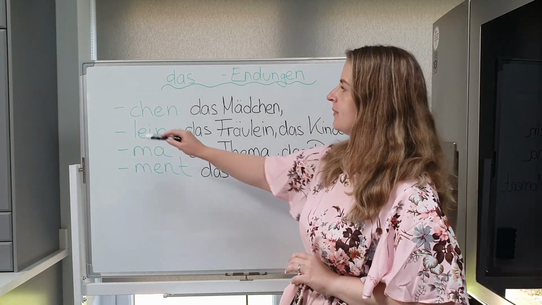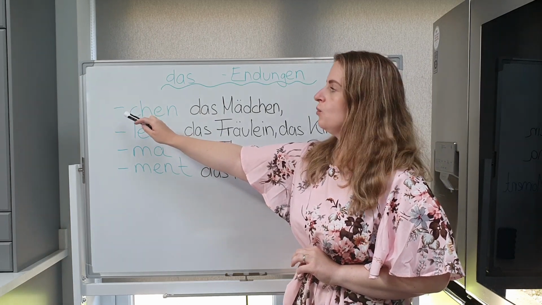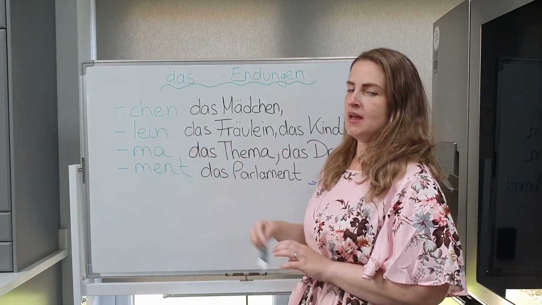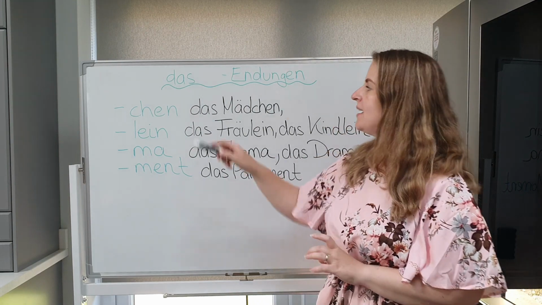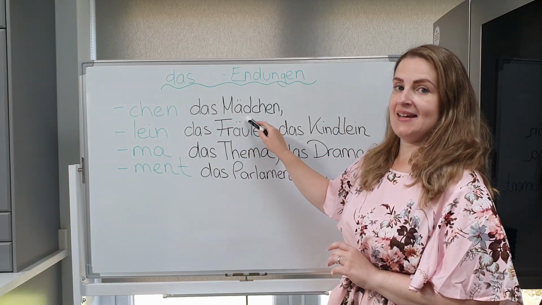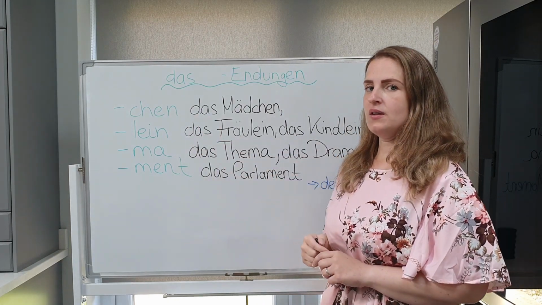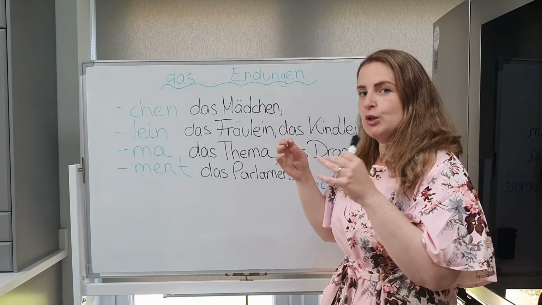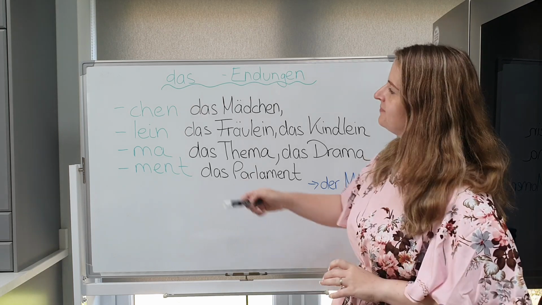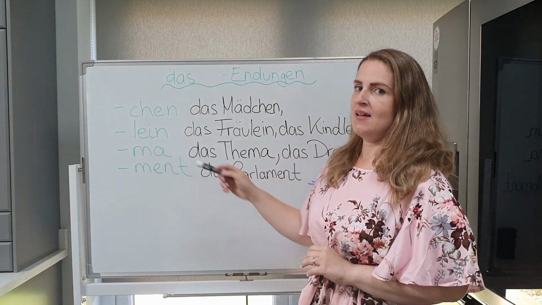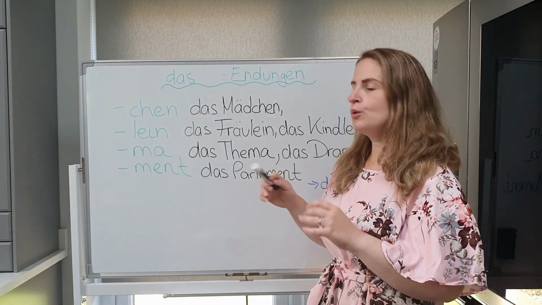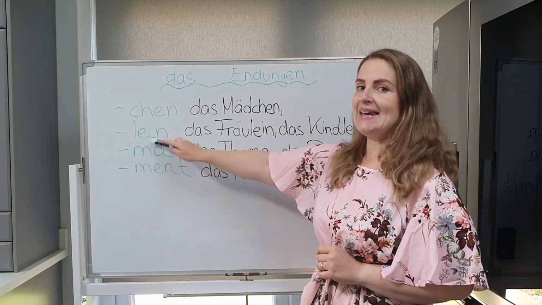Let's start. Nouns ending with -chen. In the beginning we had this word already. Das Mädchen, the girl. Using -chen in the ending of a noun is trying to make it look small and cute. Another way to make something look small and cute, you will use -lein.